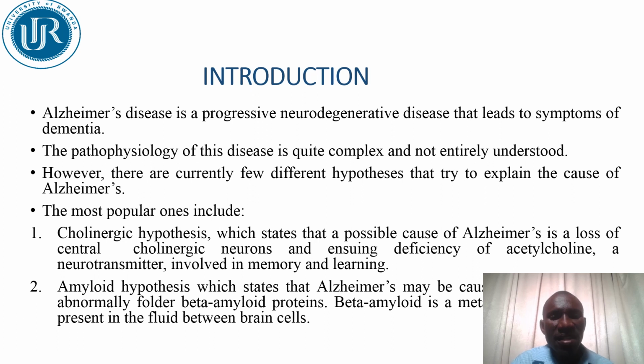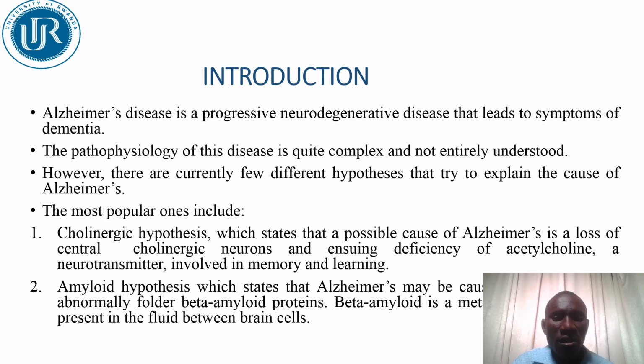Now, Alzheimer's disease is a progressive neurodegenerative disease that leads to symptoms of dementia. The pathophysiology of this condition is quite complex and not entirely understood. However, there are different hypotheses that have been used to explain the cause of Alzheimer's disease.